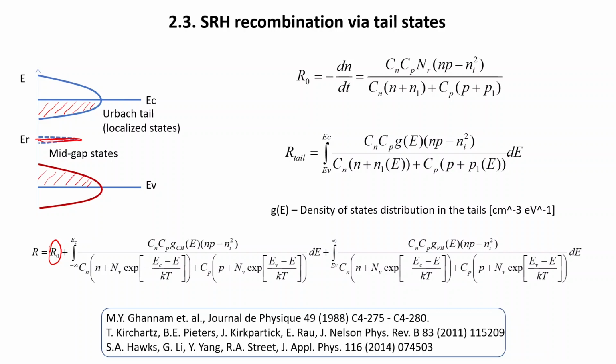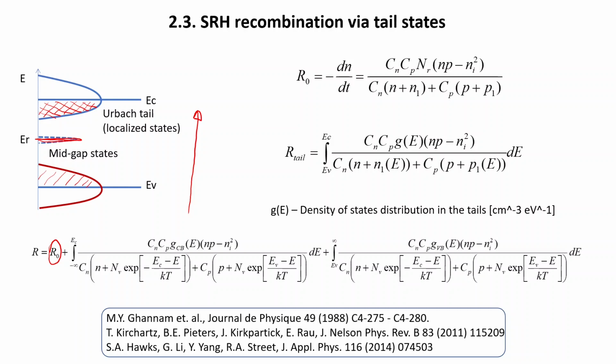So that's why we integrate from minus infinity to E_C, so we go from here up to here. And in that case, we will take into account the contribution of trap-assisted recombination via all localized states which are in this tail next to the conduction band.